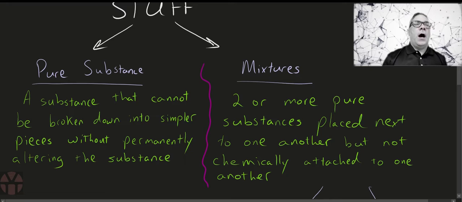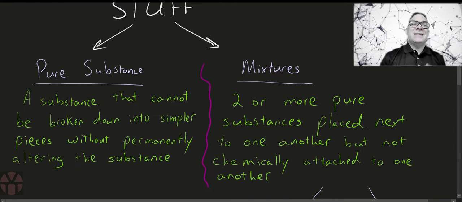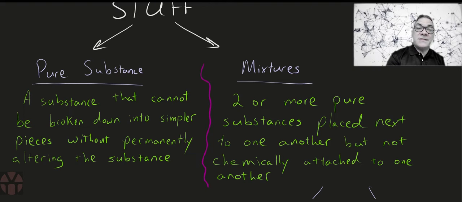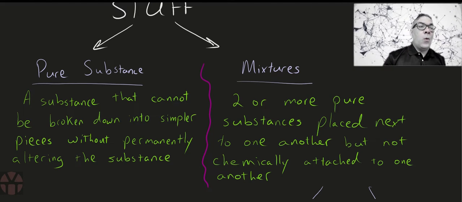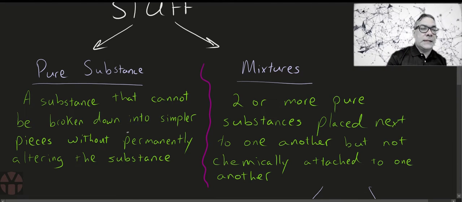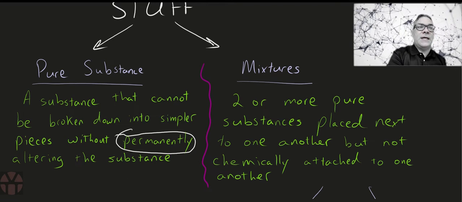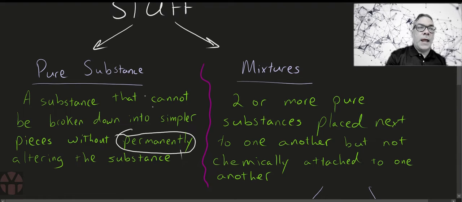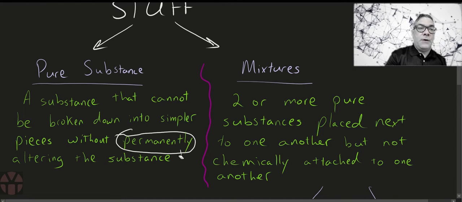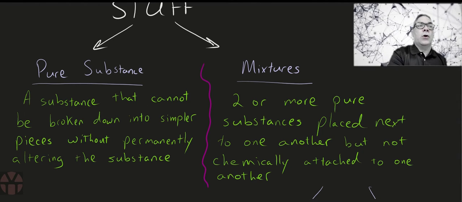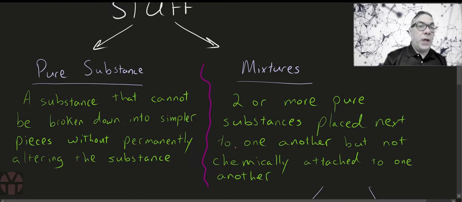A pure substance is a substance that cannot be broken down into simpler, smaller pieces. And here's the kicker, without permanently altering what that substance is. So if you break down a pure substance, it's going to become something else. It will no longer be what you originally started off with.